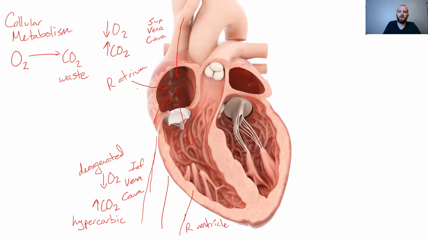One of the big things that we'll do is label the structures on this one. On the next one, we're really going to talk through that flow and some ways to help remember it. But moving from the right atrium to the right ventricle, we have this little white flap, or valve. That one is your tricuspid valve. Tricuspid means there's 1, 2, 3. There's 3 little flaps on that valve.